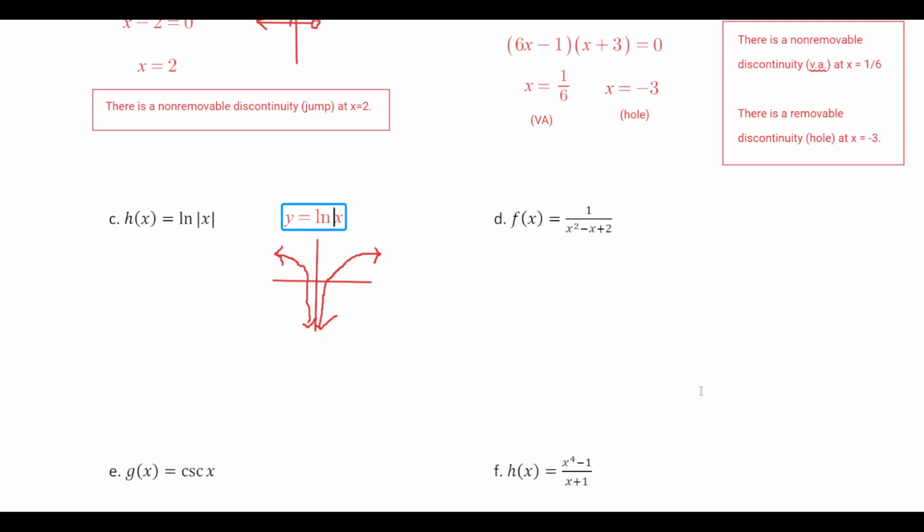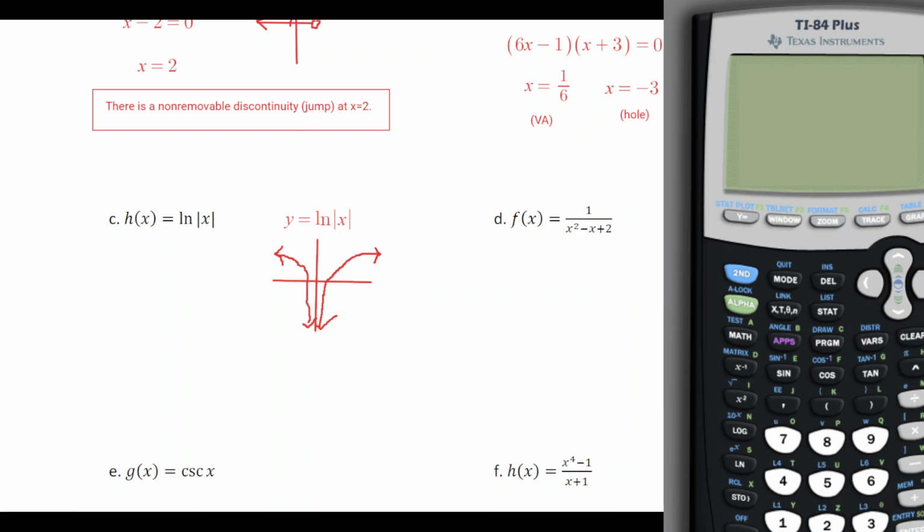Now, like I said before, I don't really care if you want to take a look at the graph in the calculator. In fact, let me pull one up so I can guide you through how you would type this in. Absolute value is not really obvious how to do, so you're going to go to y equals here.